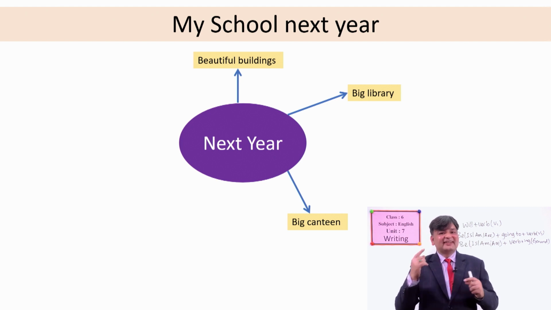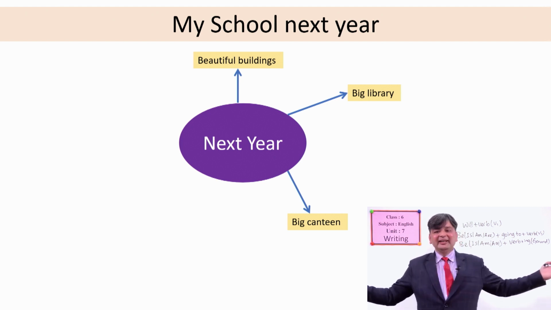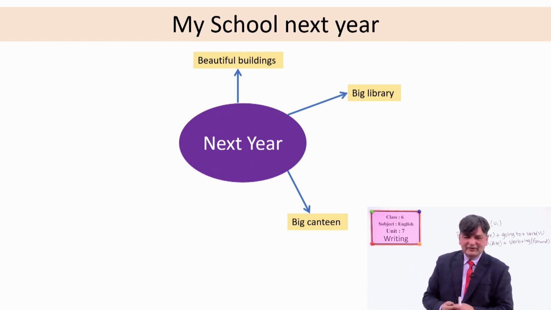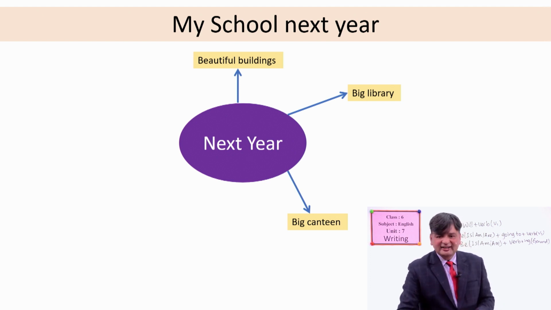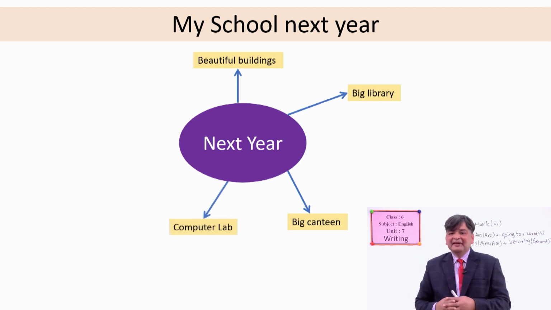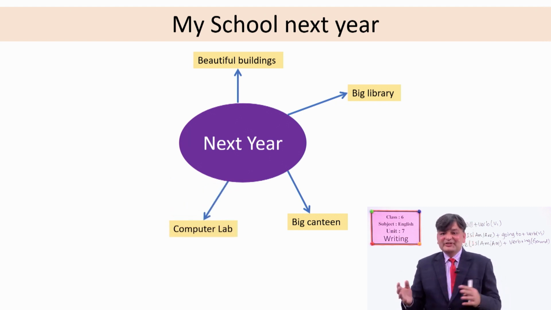The next thing is, after the completion of that building, you will also have a big school canteen. You can have your school tiffin at the same time, right? You can, hundreds of students, maybe sometimes more than that, can sit together and eat. Okay, good. The next thing, different computer lab.